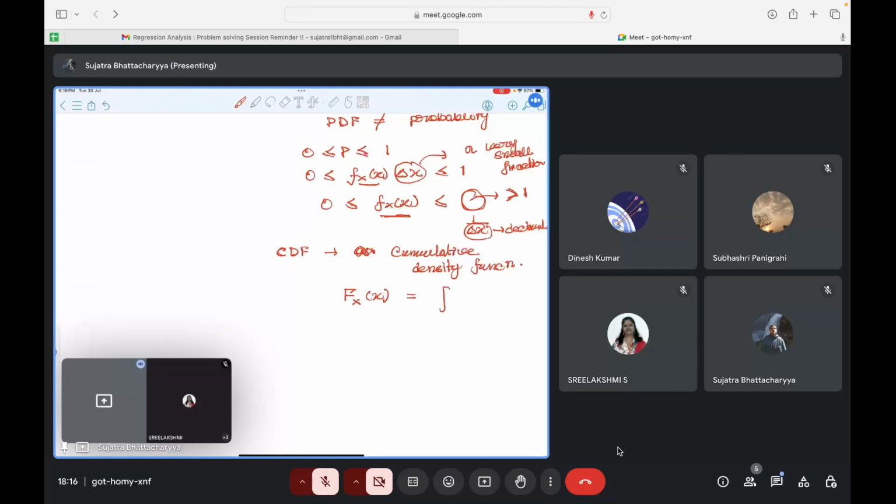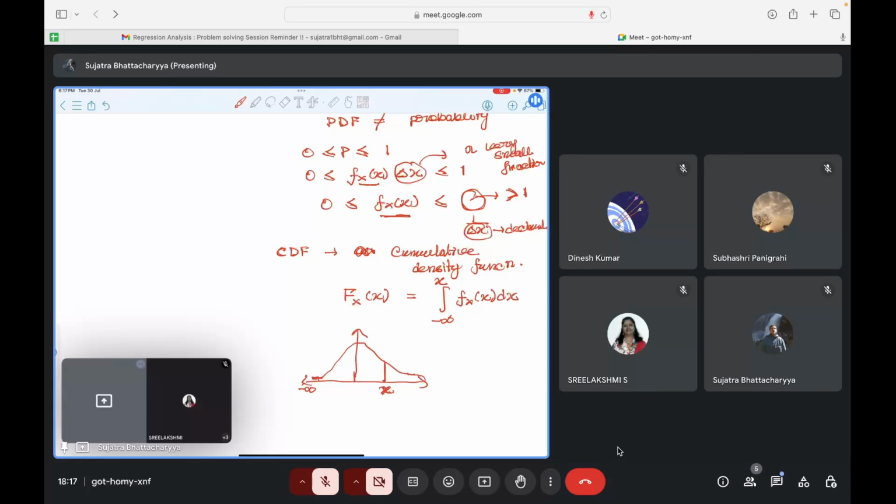It is nothing but the integral from minus infinity to that value x of the probability density function times dx. So it is the integration under the curve up to that value. If this is your distribution, suppose some distribution like this, this is minus infinity, and suppose this is the x.